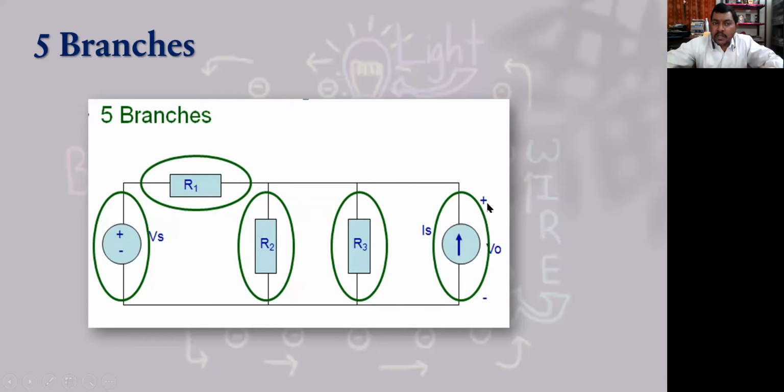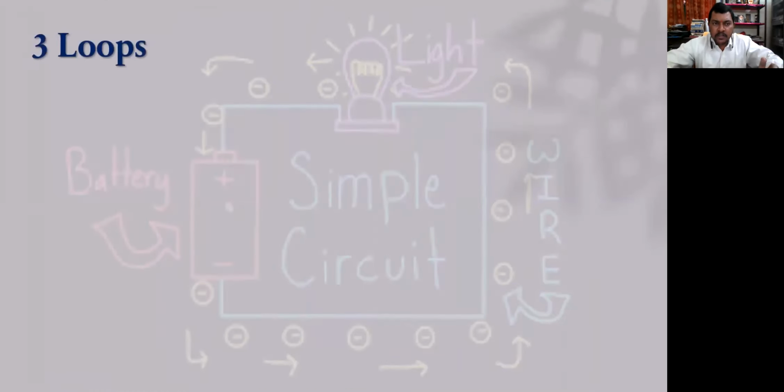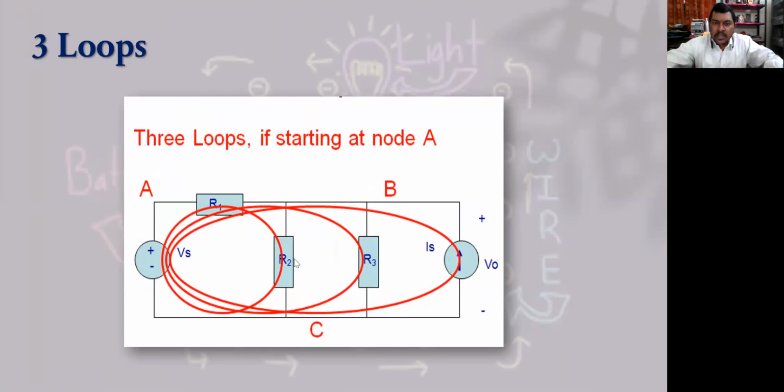And if we talk in terms of loops now, let us find how many loops it has. I guess you are understanding what I need to tell you. In this circuit, there are actually three loops, right? If we start at node A, A, B, and C are the three nodes, and 1, 2, 3, 4, and 5 are the branches.